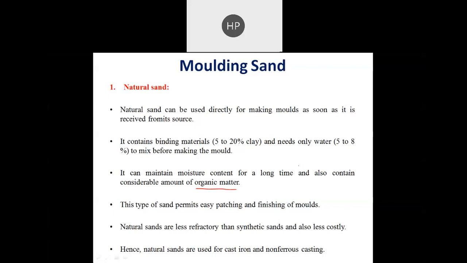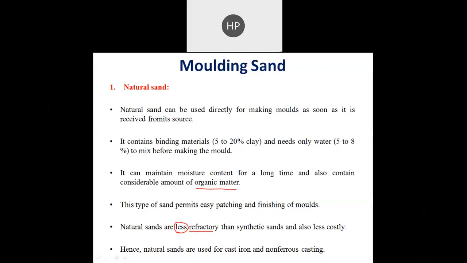So what is refractoriness, we are going to discuss in the subsequent slides. Here the word used is less refractory, and what refractory is and why being less refractory may affect the mold, that we are going to discuss.